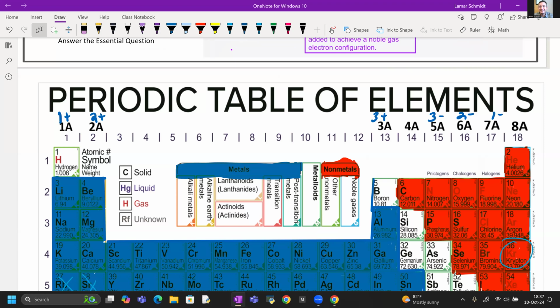We should understand why those charges occur based on the number of valence electrons they have, and based on whether we're talking about a metal, which tends to lose electrons to form a noble gas electron configuration, or a non-metal, which tends to gain electrons to obtain the noble gas electron configuration.